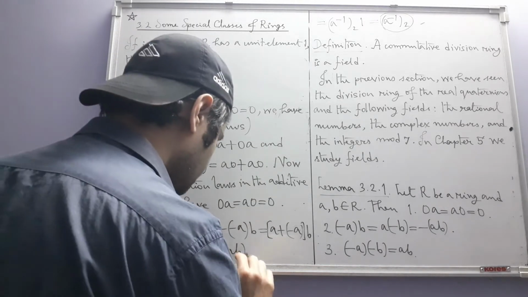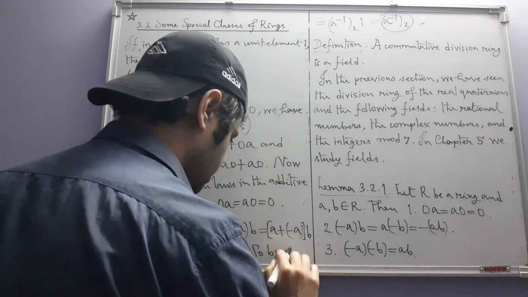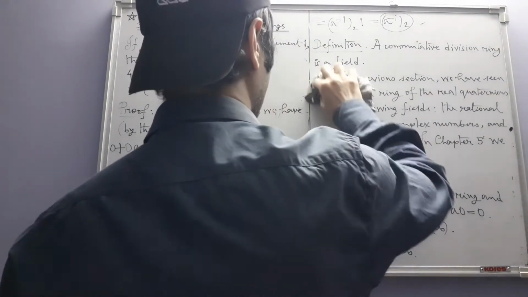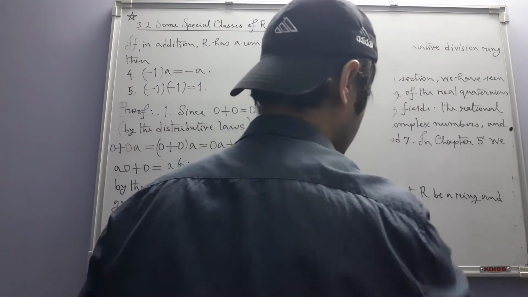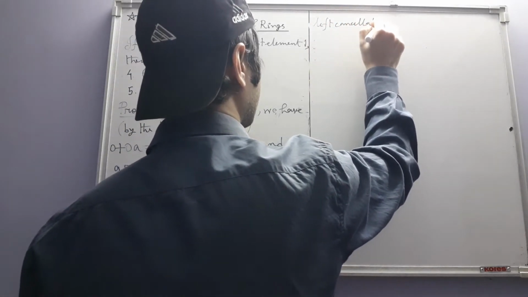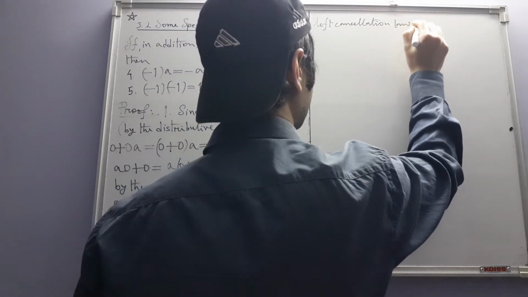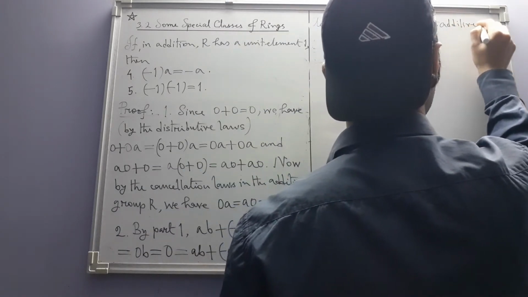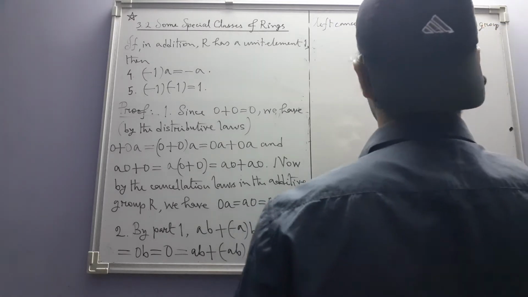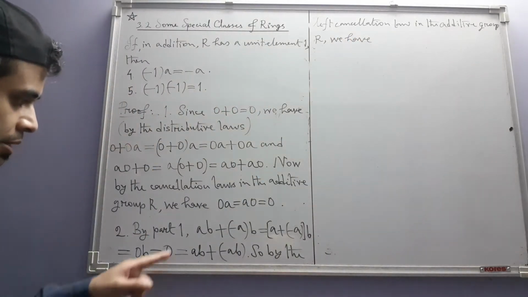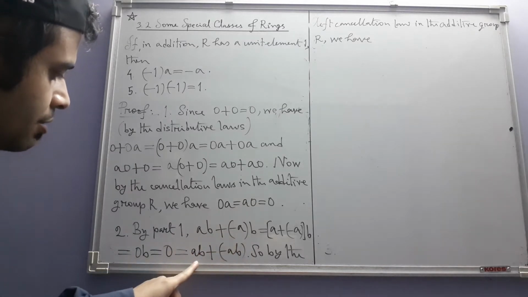Right? So by the left cancellation law in the group R, we have, that means we now have AB plus this is equal to AB plus this.